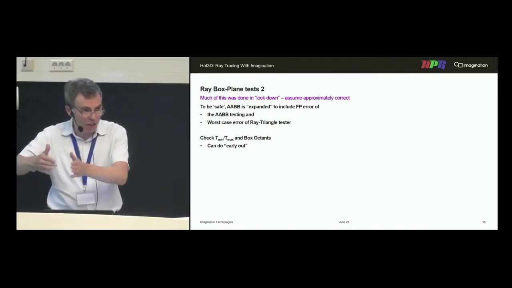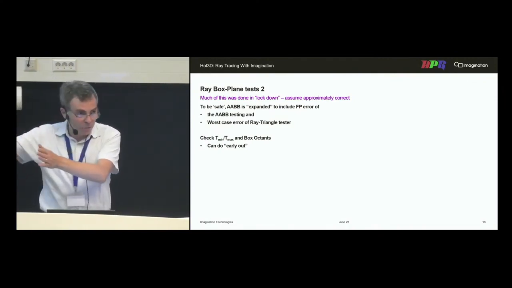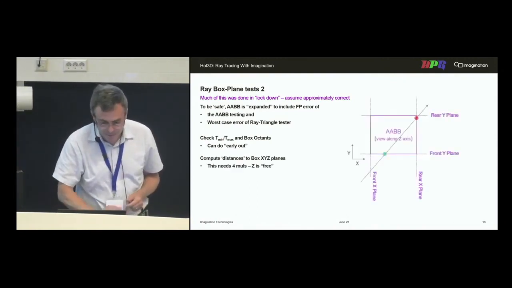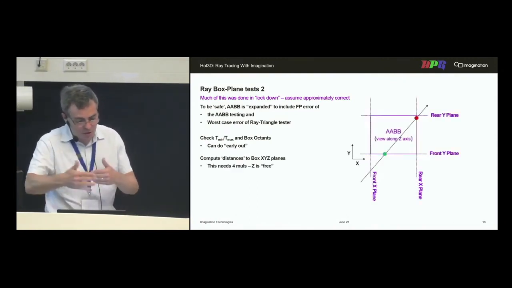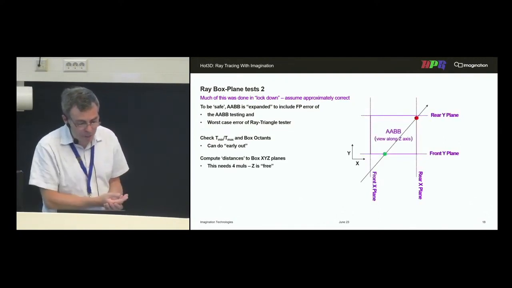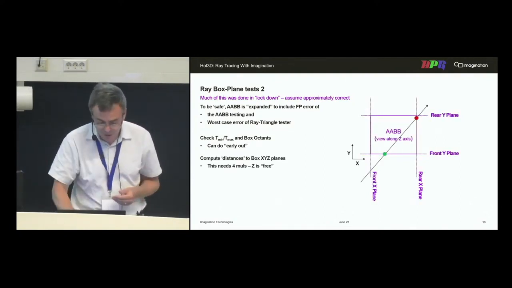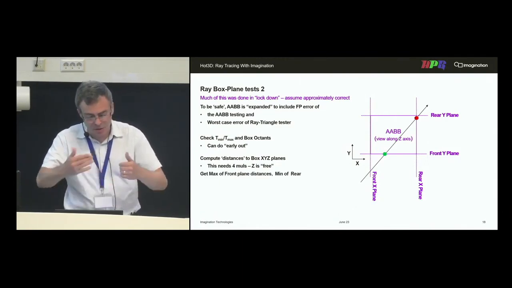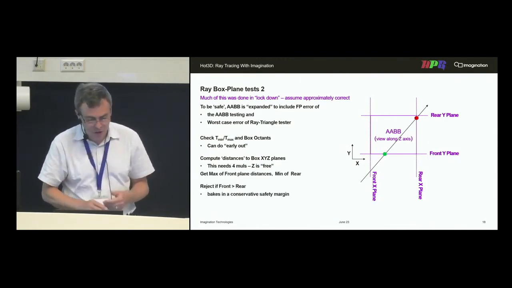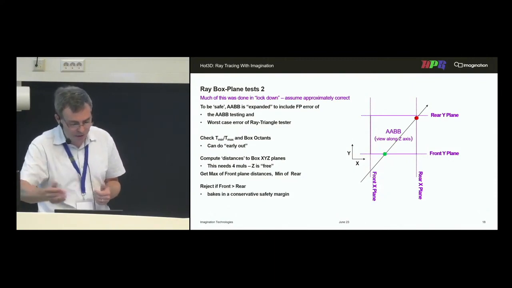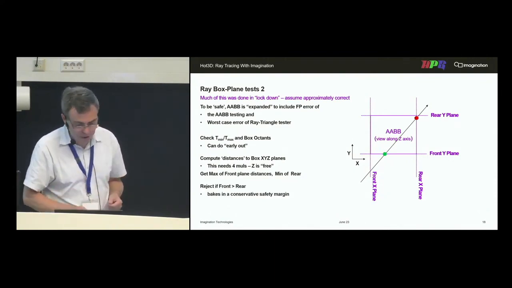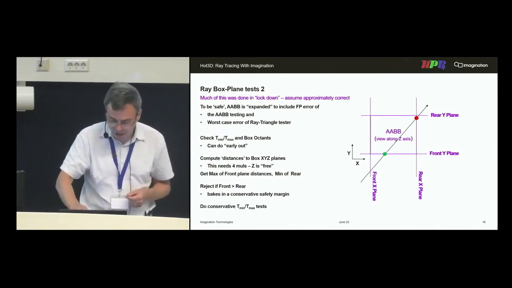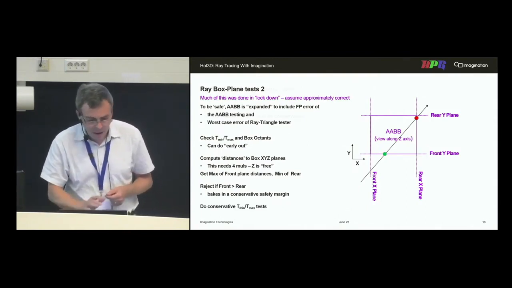So what it really does is clock gate the remaining hardware so that it doesn't do any calculations and saves power. Then it computes the distances to the box planes. That just needs 4 muls because Z is effectively free because we've scaled it that way. And then we get the max front distance and the min of the rear, and make sure it's rejected if the front is greater than the rear. And we again bake in some conservative safety margin, and also do the Tmin, Tmax test.